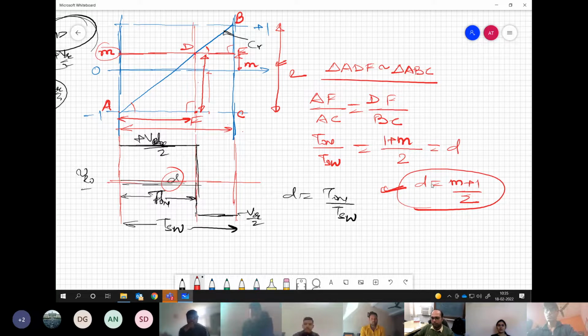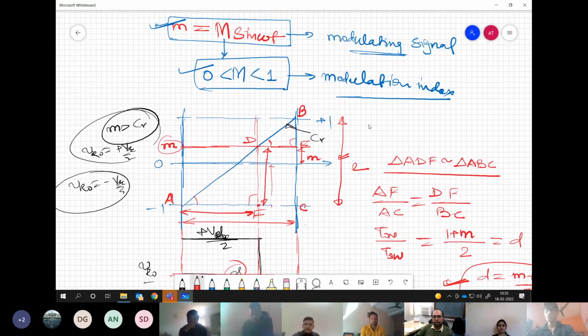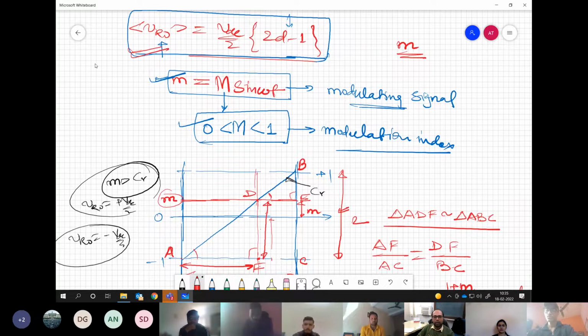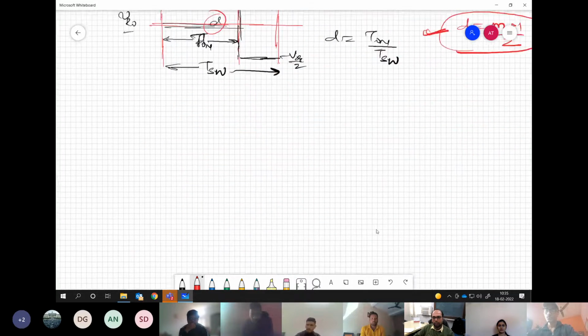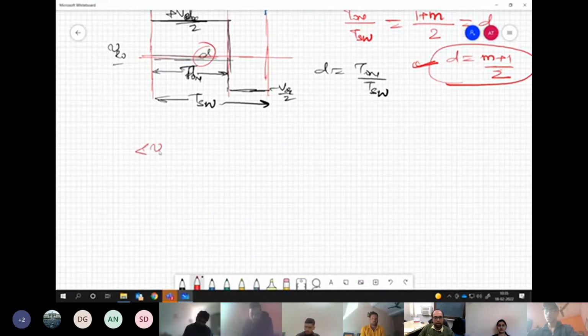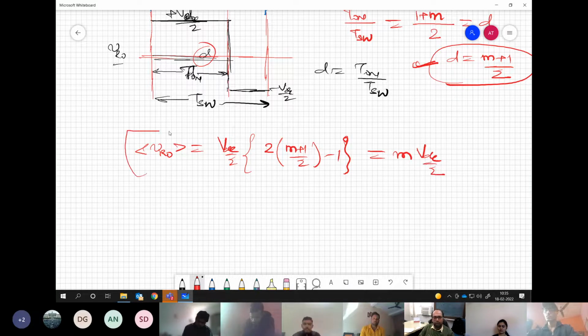Now we can plug in this value of D in the VRO voltage that we had developed earlier, this average voltage, and what we can find is VRO average equal to VDC by 2 times (2 times (m plus 1) by 2 minus 1), which simply comes as m times VDC by 2, which is the famous expression we know for sine triangle PWM.